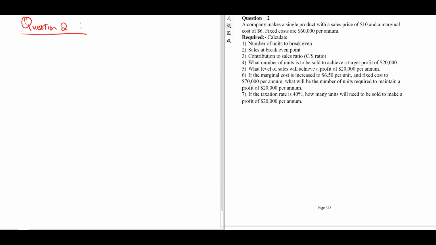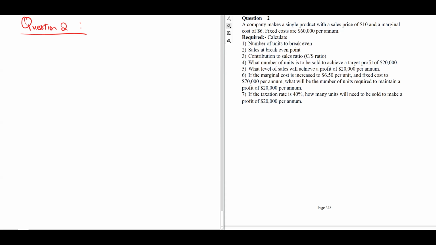The contribution per unit. Always, it should be in your head. No matter what you are doing, immediately you go to the exam hall, everything in your mind should be contribution, because that is what you need for every question that involves decision making.